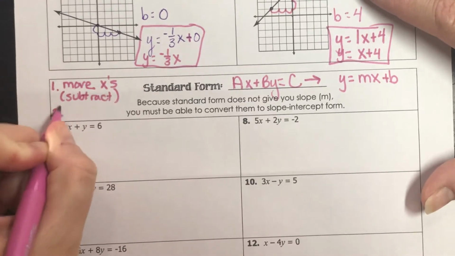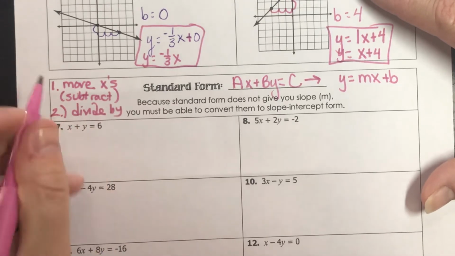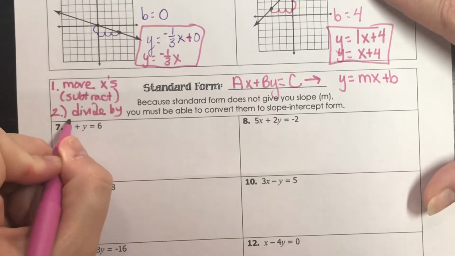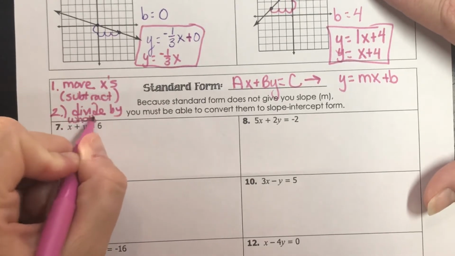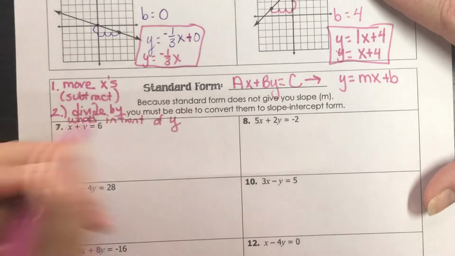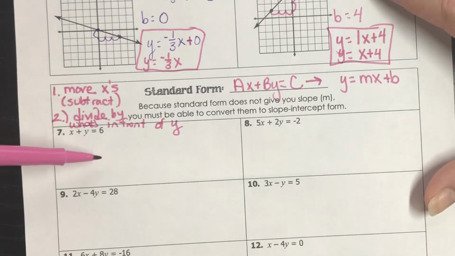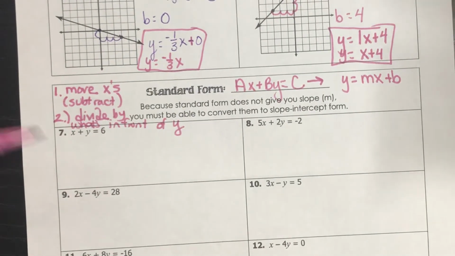After you move your x's, then you're going to divide by what's in front of y. So you're going to move your x's by subtracting. After you move those, and you don't actually subtract them, and that's what's kind of weird, then you're going to divide by whatever's in front of y.